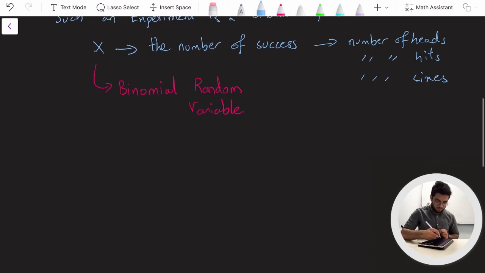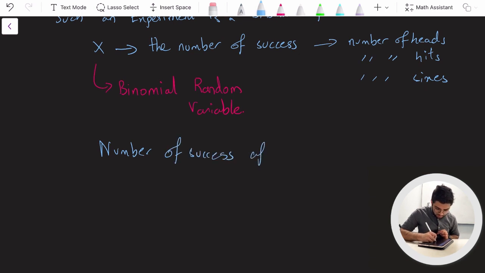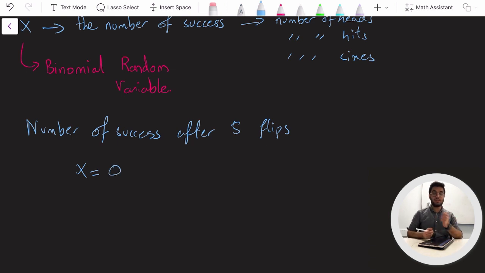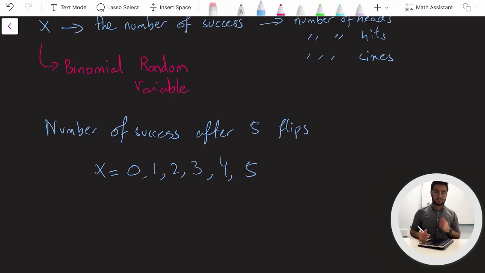The number of successes after 5 flips. So x can be 0 heads, 1 head, 2 heads, 3 heads, 4 heads, or all 5 heads. So your x can be 0, 1, 2, 3, 4, or 5.